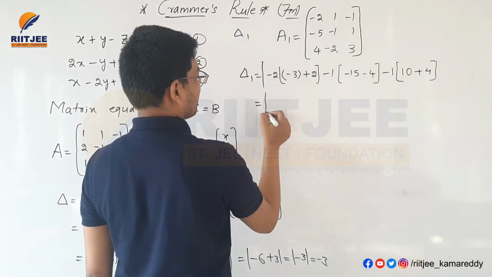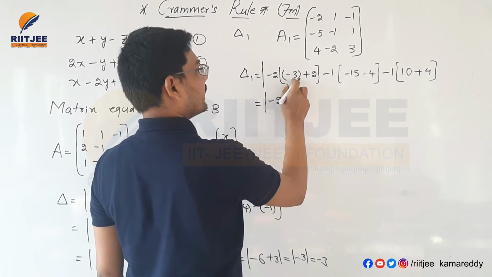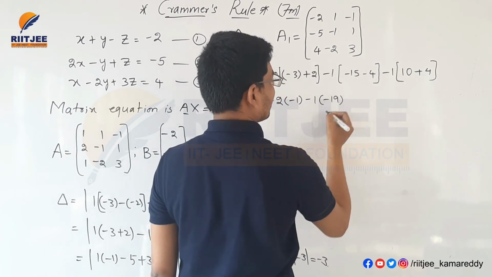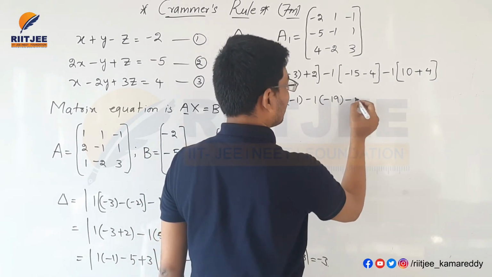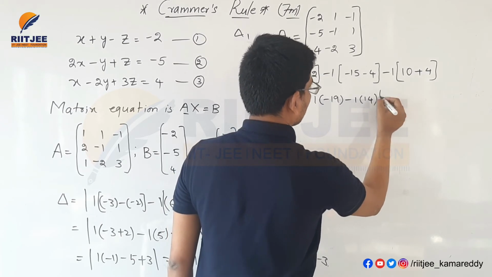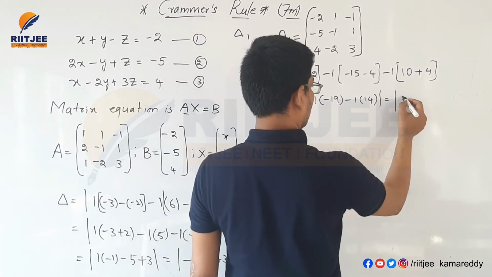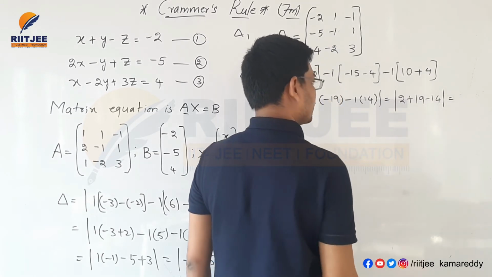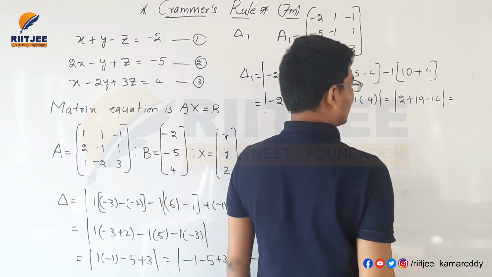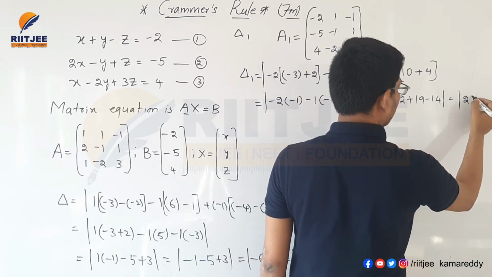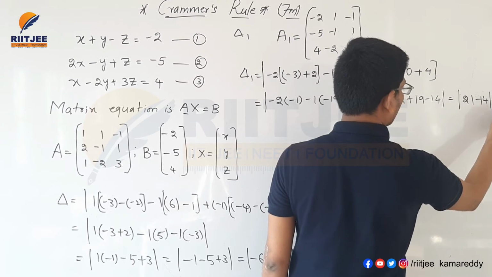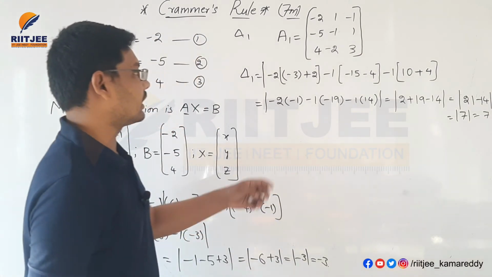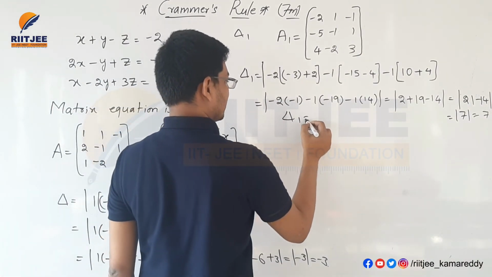Next, delta 1 value is -2 into -3 +2, that will become -1, -1 into -19 here, 15 minus 4, -19, -1 into 14, that gives 2 plus 19 minus 14. That is equal to 2 plus 19, that gives 21 minus 14, that is equal to 7. Here we got the value of delta 1, that is equal to 7.